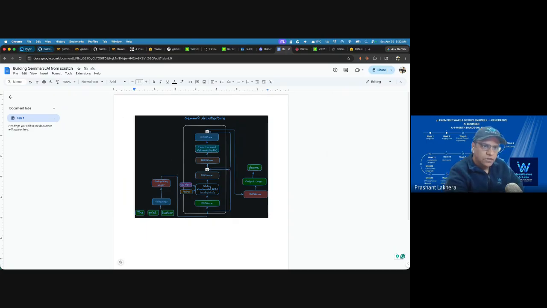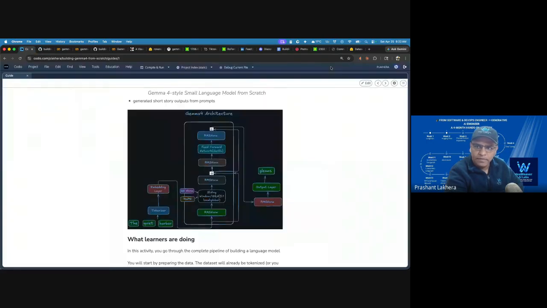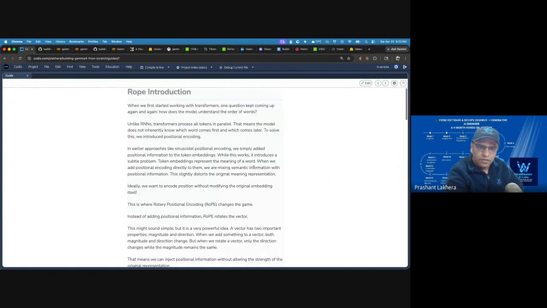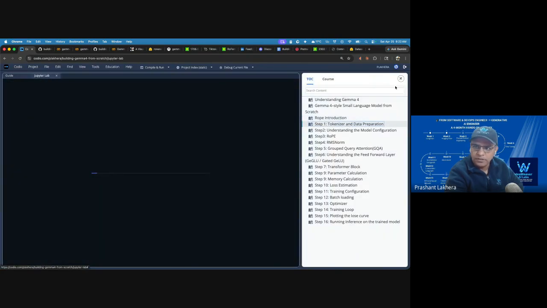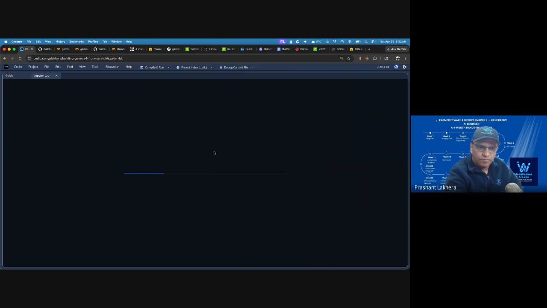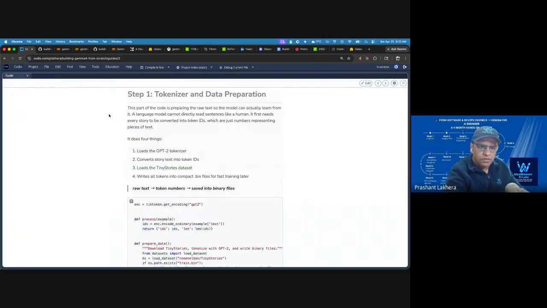Okay. So let's start with our first step, which is called tokenization. Most of you are aware of tokenization, but here I have done some more optimization on top of it, because I want this model to be trained on the smallest GPU possible.